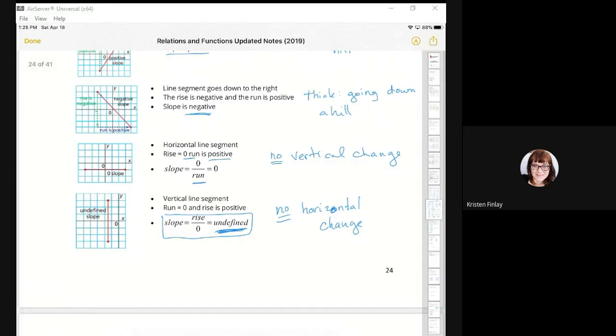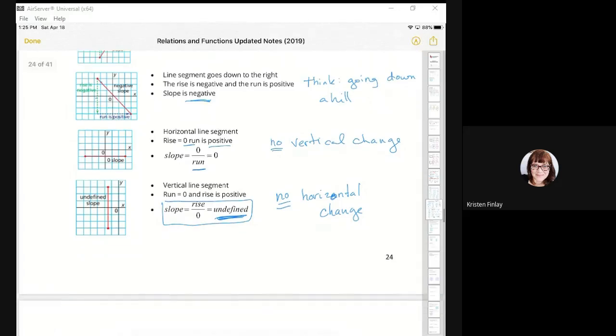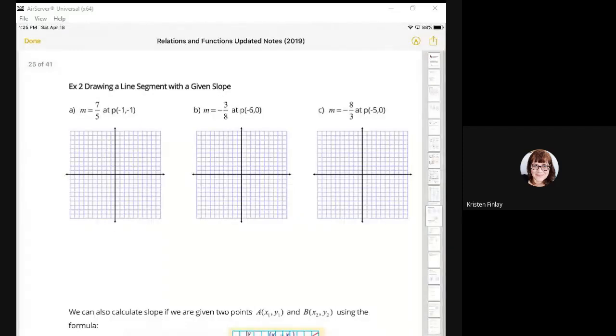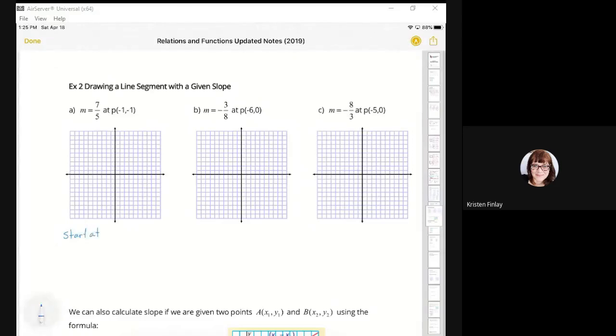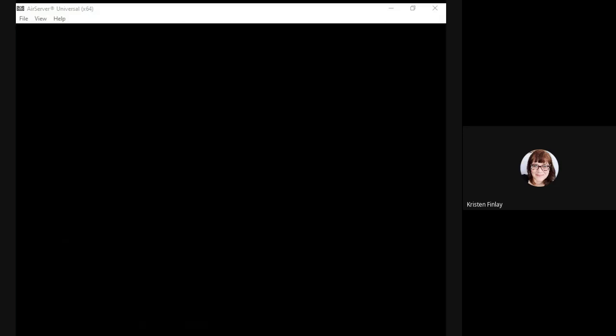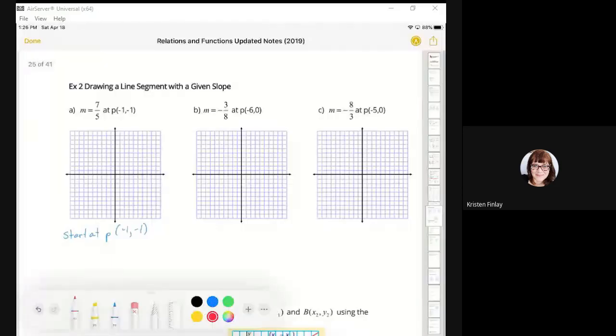Okay, moving on. Drawing a line segment with a given slope. So sometimes you're going to be given a slope and a point, and it's going to ask you to draw a line segment. So what you simply do is you start at the point. So start at the point -1, -1. So let's start there.